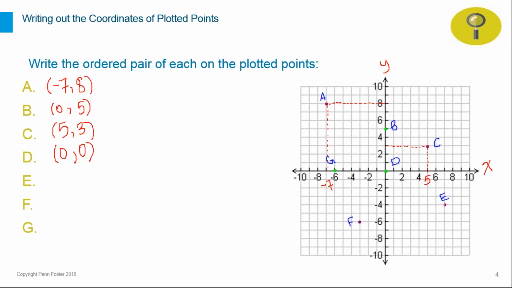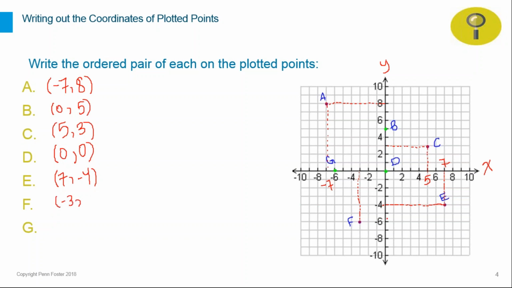Point E, draw a dashed line up to meet the x-axis. So that is a 6, and then there is an 8, then this will be a 7. So the x-coordinate for E is 7. The y-coordinate for E is -4. For point F, same thing, meet the x-axis, and that would be -3 for the x-coordinate.